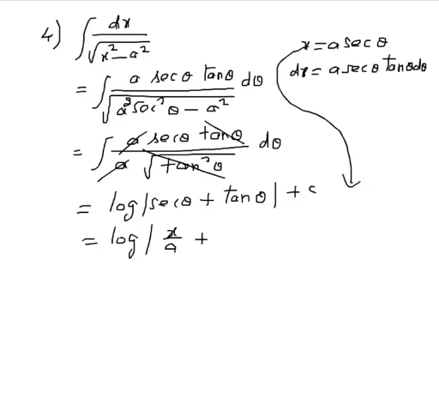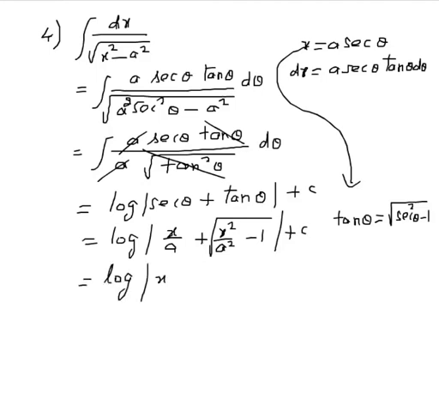And tan is, we know that tan theta is square root of secant square theta minus 1, identity. Therefore, it becomes root of x square by a square minus 1. We'll take LCM. So it becomes x plus root of x square minus a square divided by a.